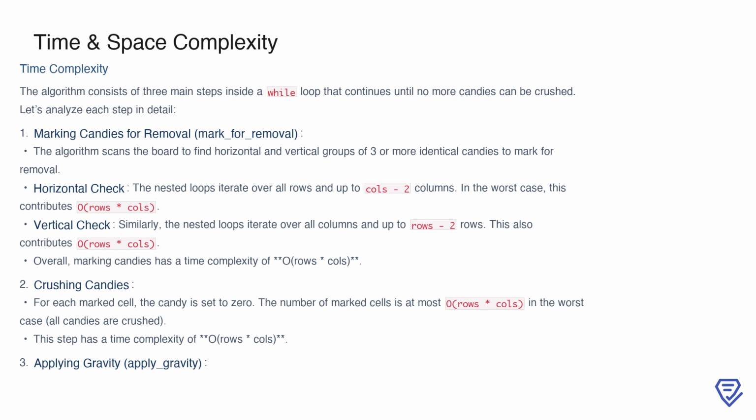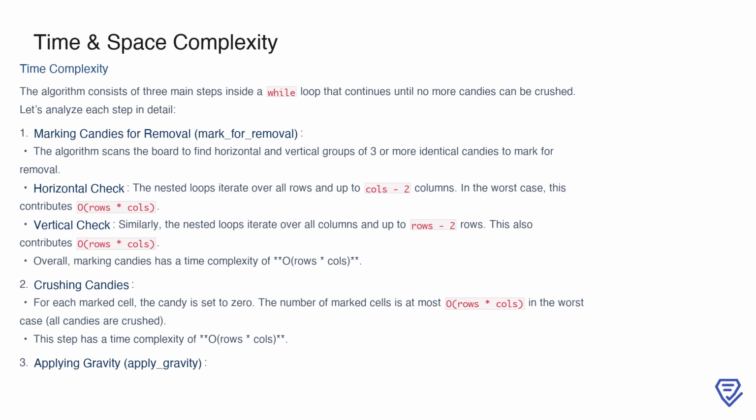For the horizontal check, nested loops iterate over all rows and up to cols - 2 columns, resulting in a time complexity of O(rows * cols). Similarly, the vertical check covers all columns and up to rows - 2 rows, contributing the same time complexity of O(rows * cols). Together, marking candies for removal has an overall time complexity of O(rows * cols).